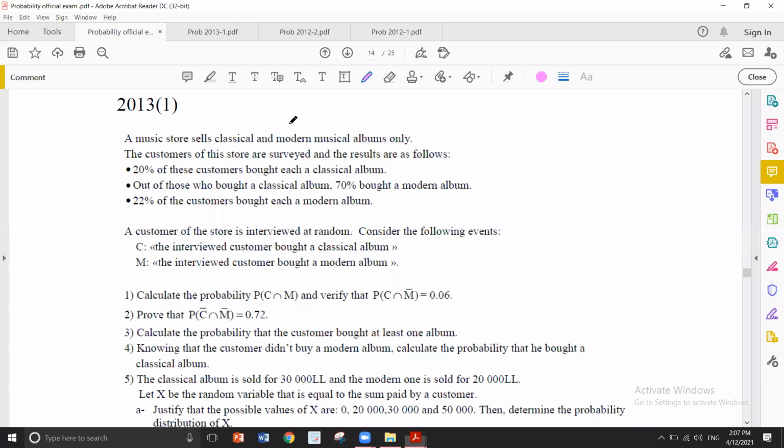2013, the first chance. A music store sells classical and modern musical albums only.